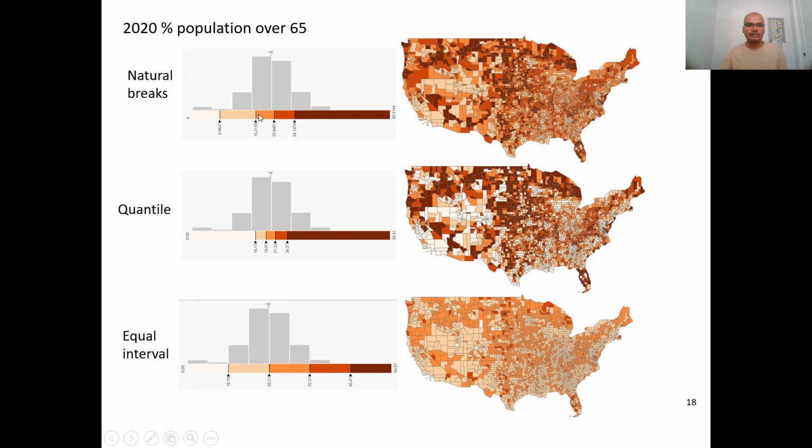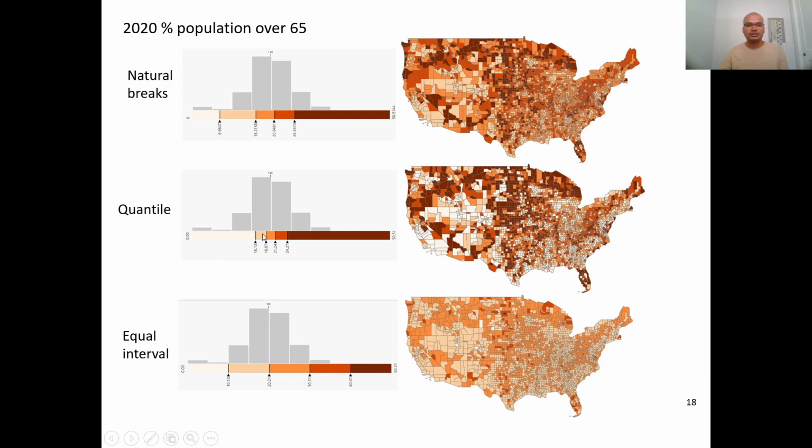See here the class distribution is less, here the class distribution is high, but here the number of counties or number of units is high. So in order to have a balance of both the data distribution and data frequency, this natural breaks approach identifies the proper class intervals, and accordingly it is represented.